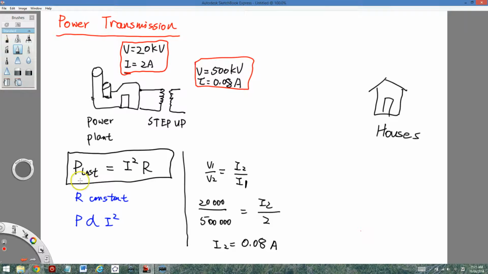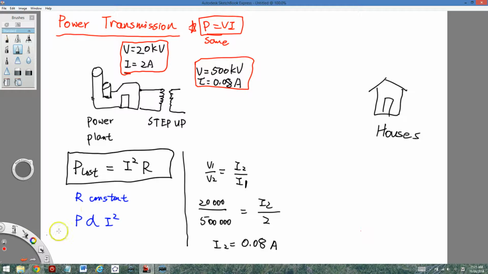Thus, the power lost would decrease. But the power, remember P equals VI, stays the same. It's always the same. The power before the transformer and the power after the transformer is the same. So the transformer doesn't lose any electrical energy. It just changes the voltage and the current.